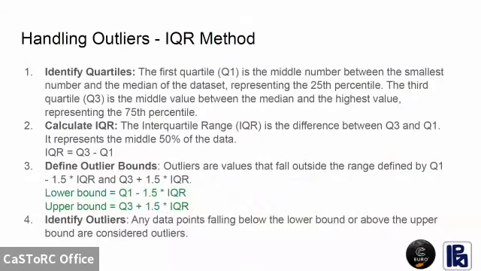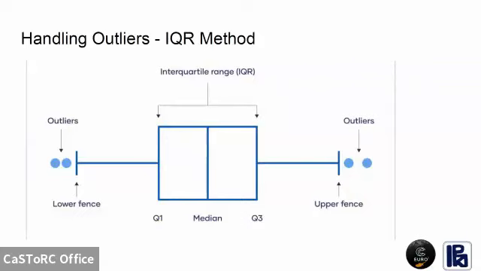Then you also define the outlier bound. The outlier bounds are Q3 plus 1.5 times the IQR and Q1 minus 1.5 times the IQR. So you identify these lines, the value down from the 25th percentile by 1.5 times, and then Q3 plus 1.5 times. So you plot this, let's say.